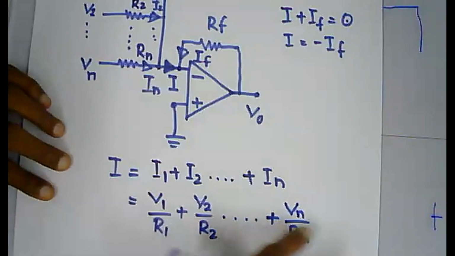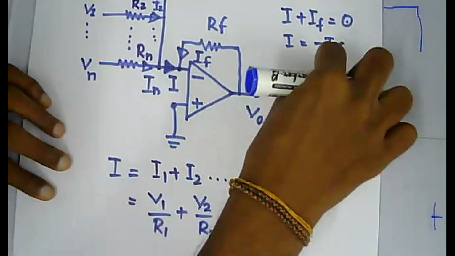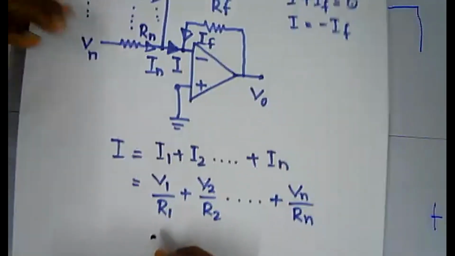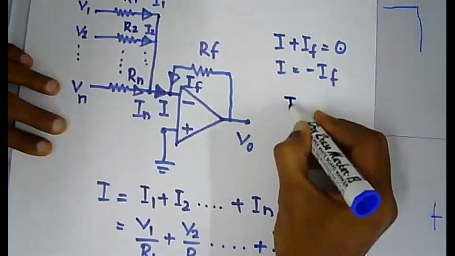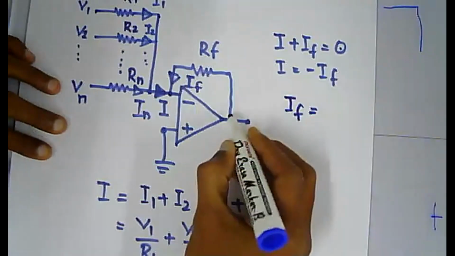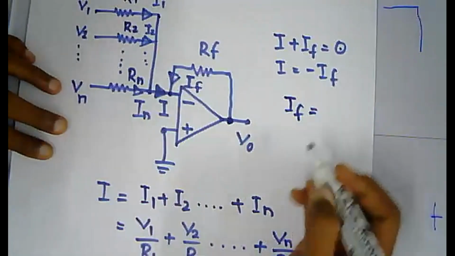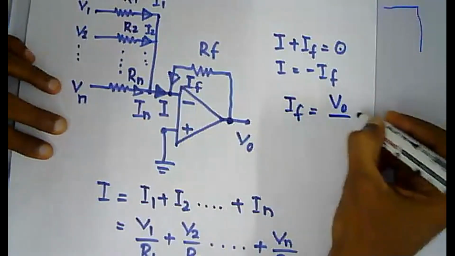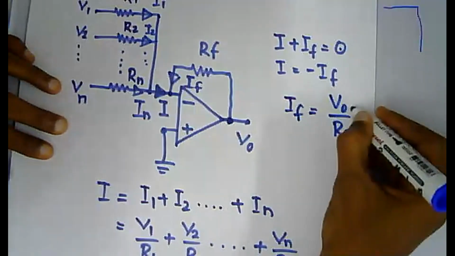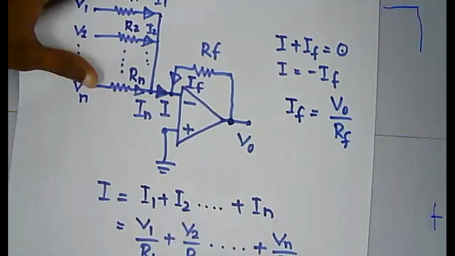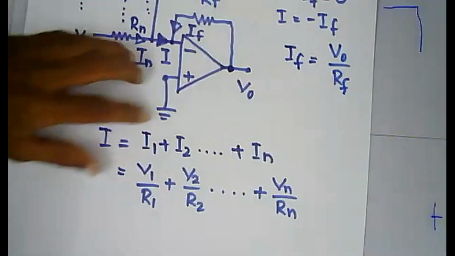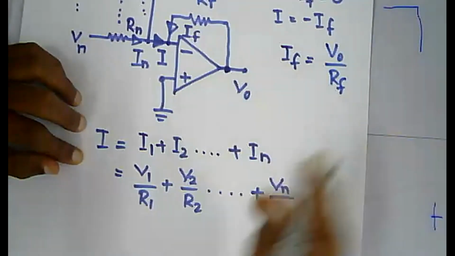Now apply the value for I in this equation. Again, your If is going to be V out minus 0 over Rf, so If becomes V out over Rf.